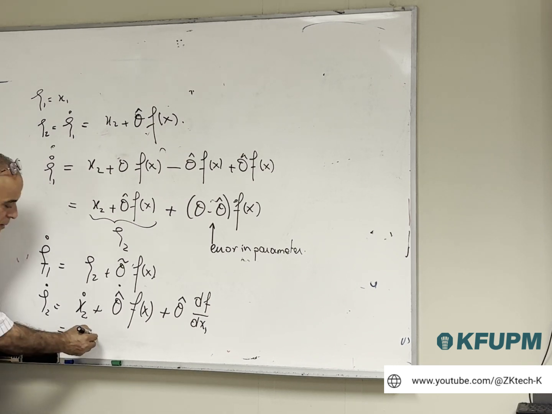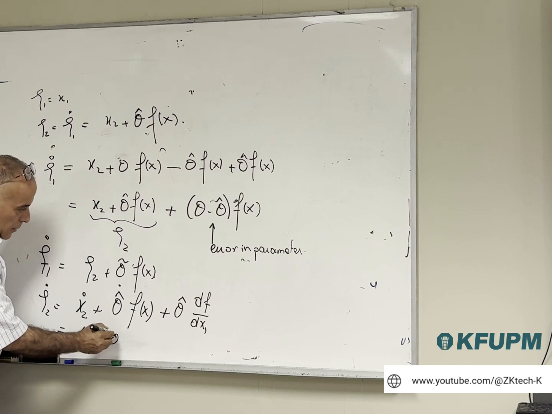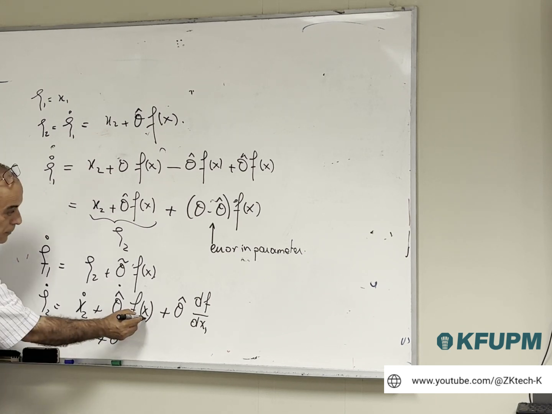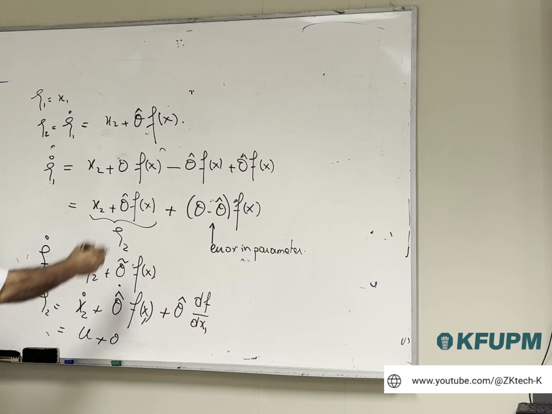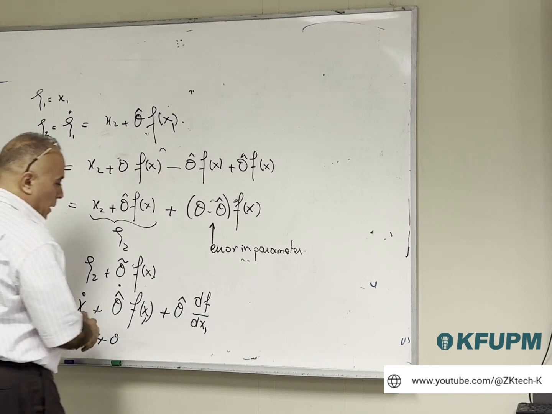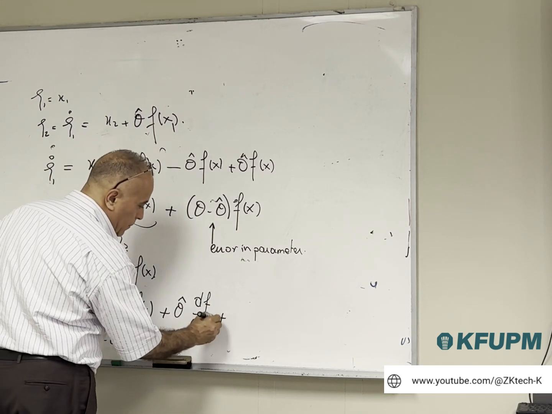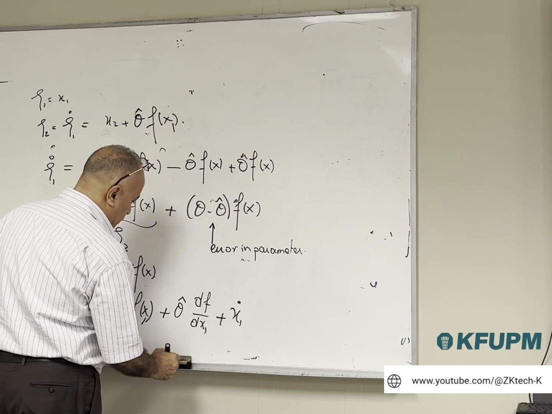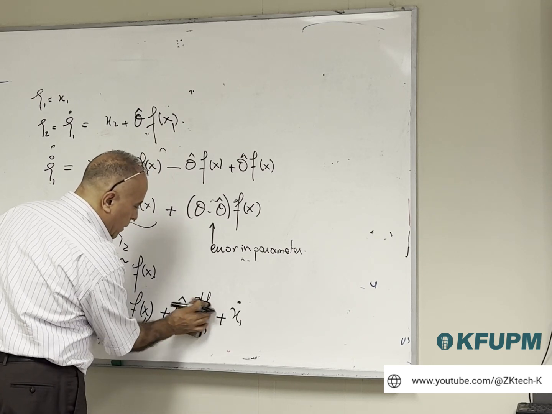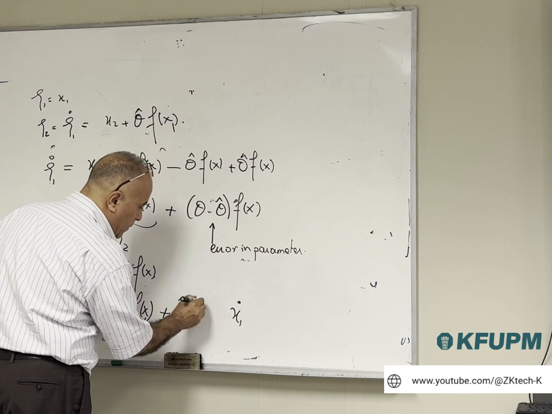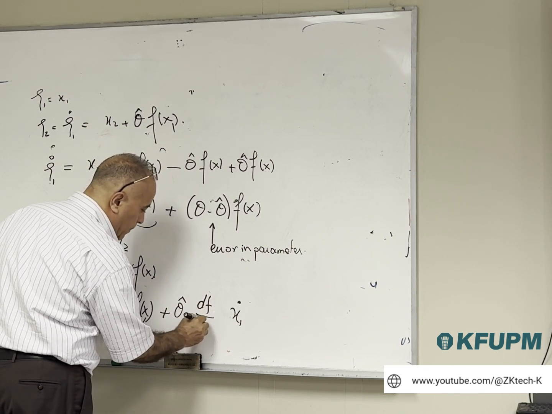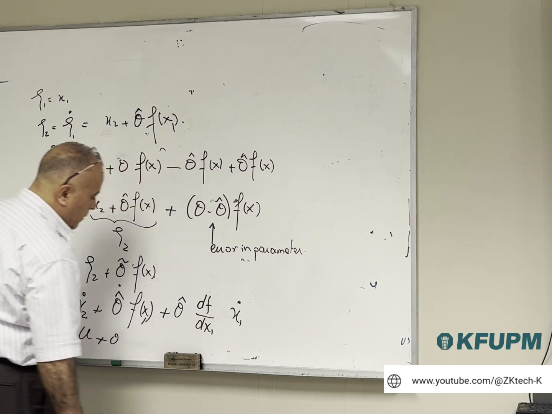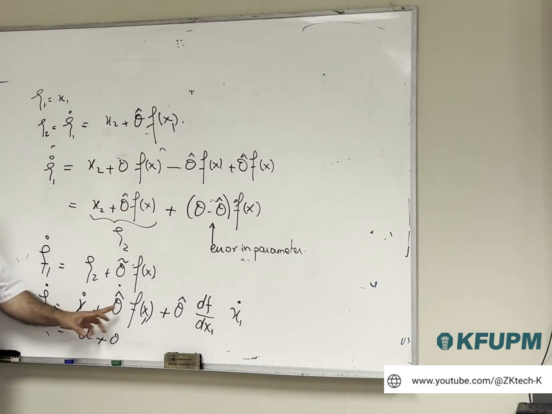So u will be plus, I think we're missing x1 dot. The differential is already with respect to time. Ah, yes, that's x1 prime. So this x2 and x1 are from the system, not from me.